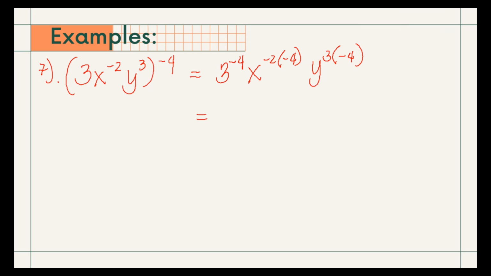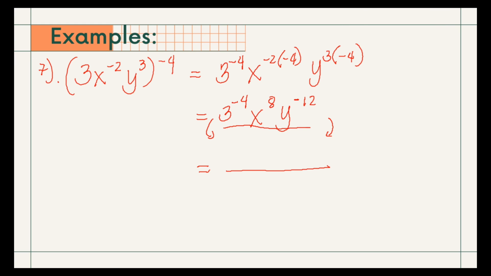Simplify lang natin. We have 3 raised to negative 4, x raised to negative 2 times negative 4, that is positive 8. And then y raised to 3 times negative 4, that is negative 12. So, sabi ko kanina, ang technique, kapag ang term or base na may negative exponent ay nasa numerator, lalagay lang natin siya sa denominator.